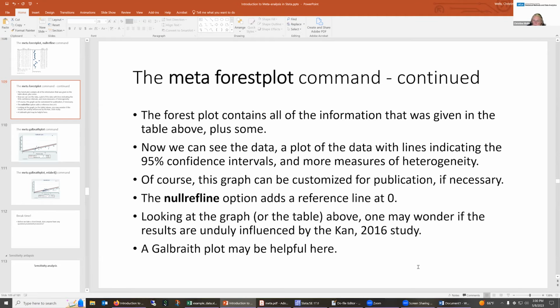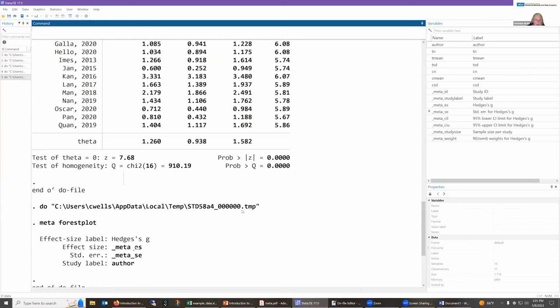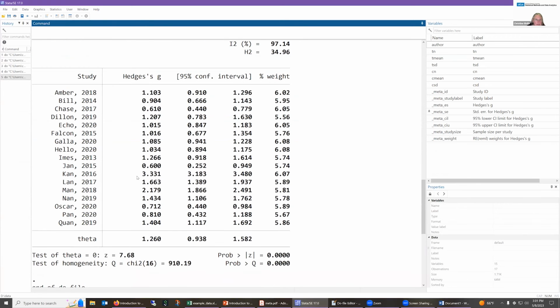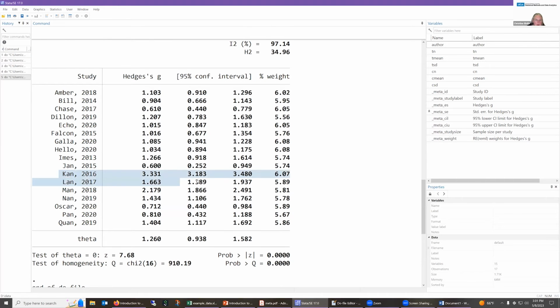Looking at my output though, or whatever you want to look at here, you can see that this study, Con 2016, has a very large effect size compared to everybody else.